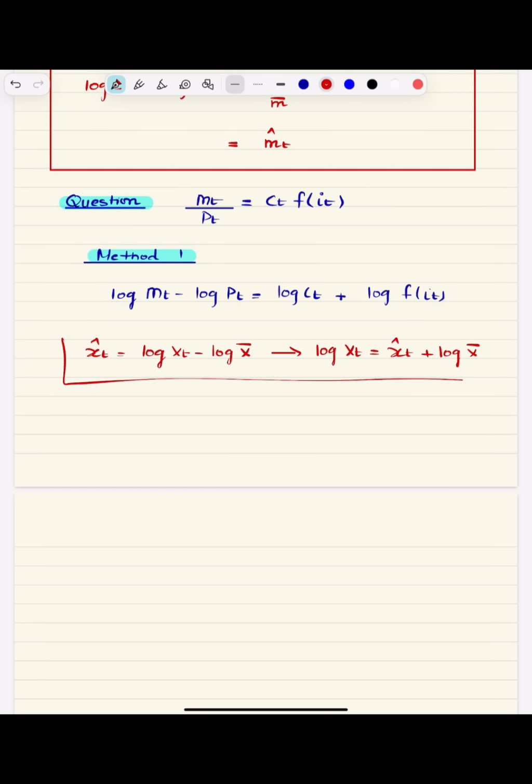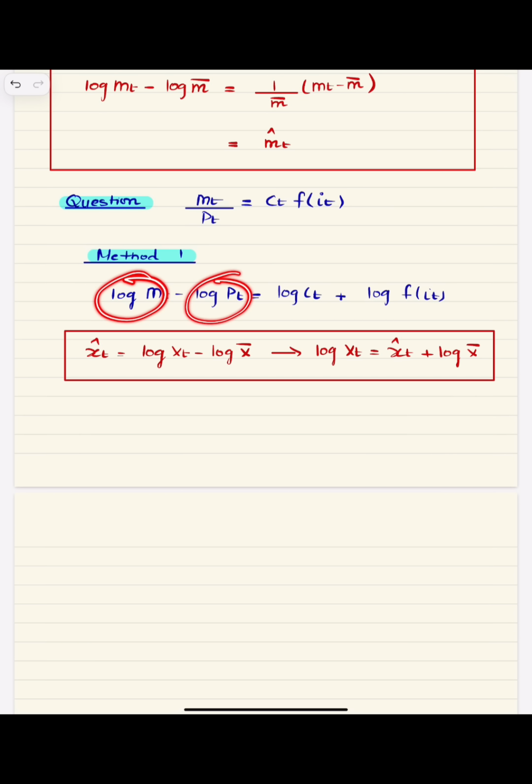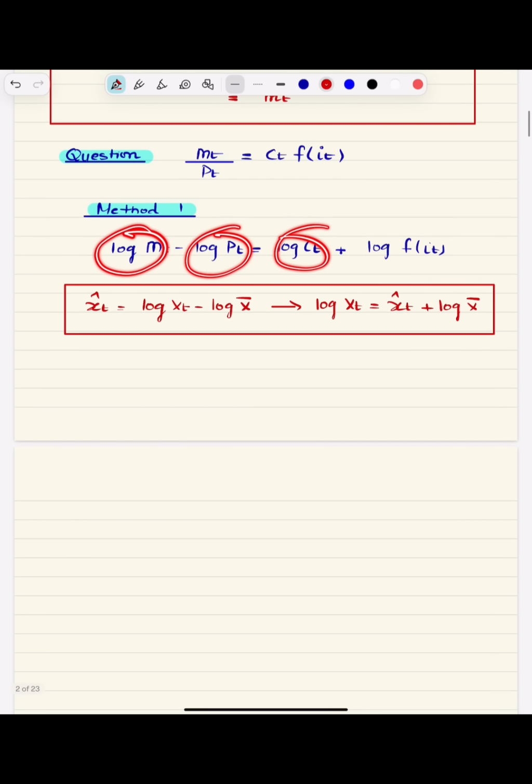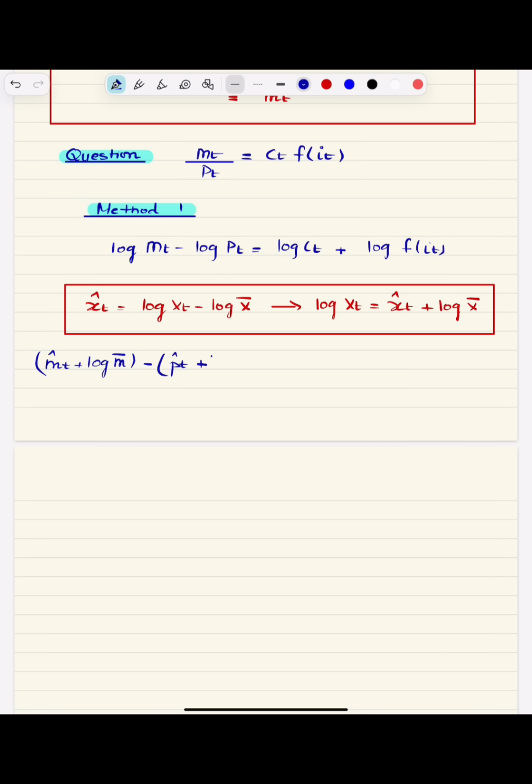So I can use this identity at 3 places: over here, and over here. Okay, so therefore we end up with m hat t plus log m bar, minus p hat t plus log p bar, and c hat t plus log c bar.